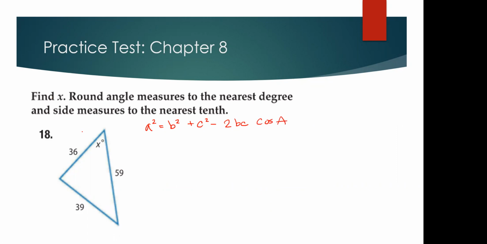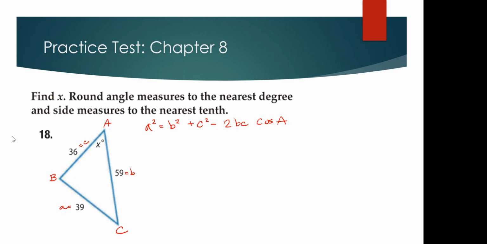And I'm going to label this triangle. This is going to be angle A, this is angle B, this is angle C. So that makes this side c, this side b, and this side a. So then I'm going to plug in my values here.